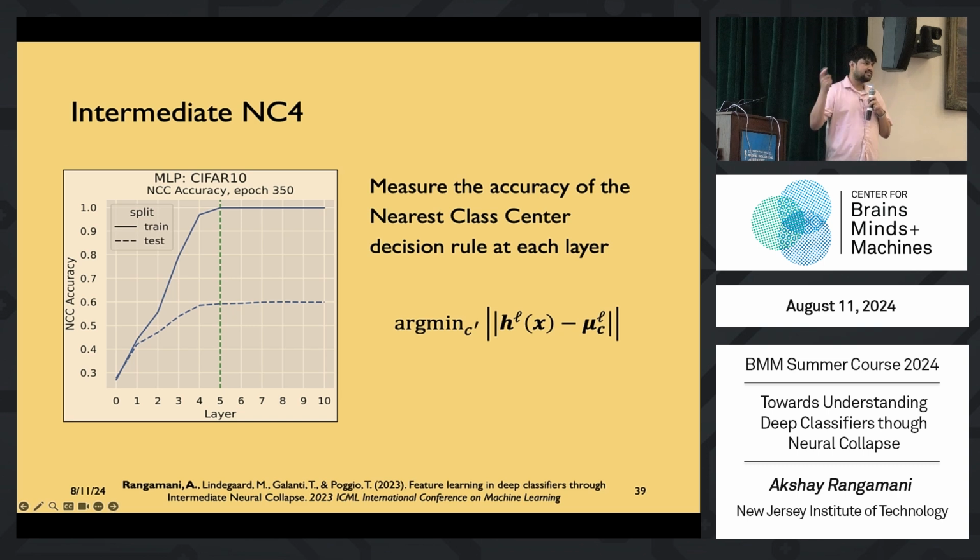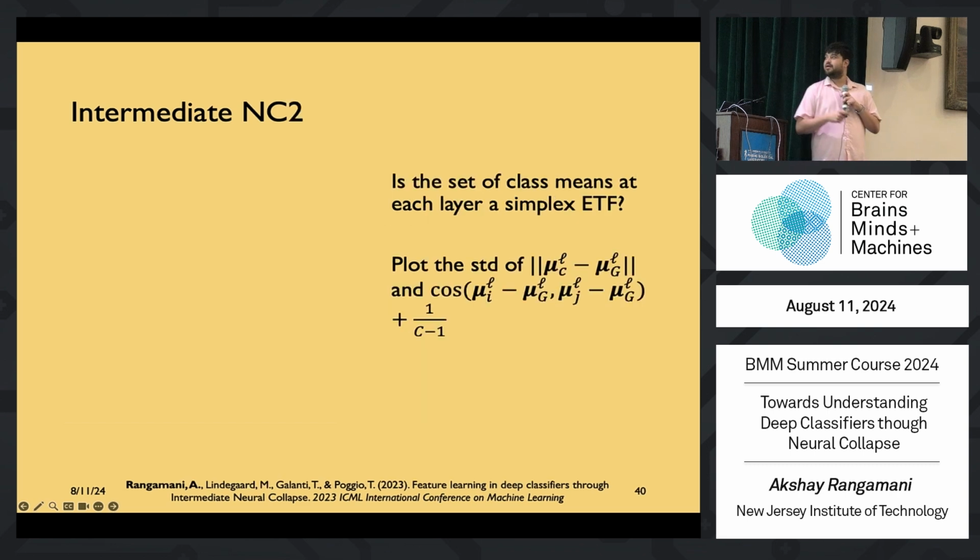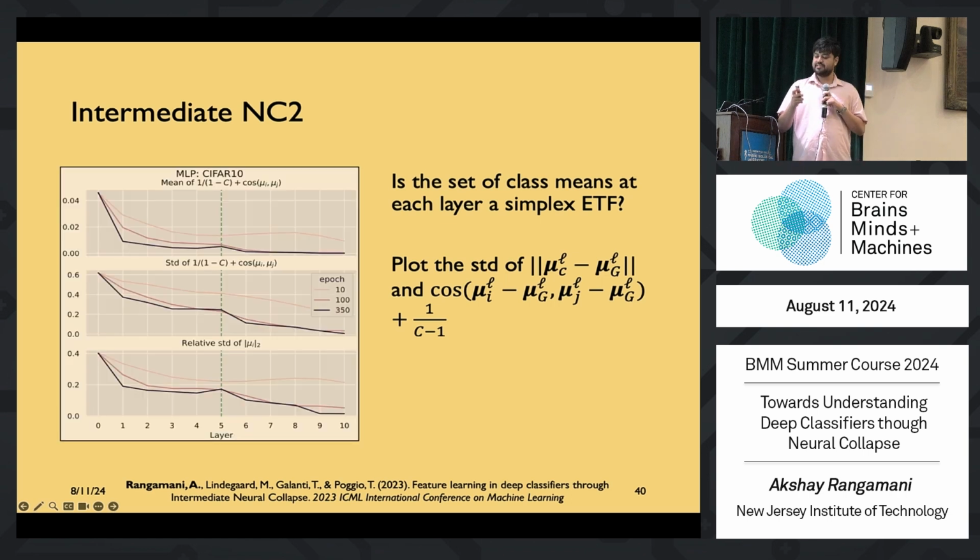So in one sense, you've already solved the classification problem somewhere in the middle of the deep network. Let's look at the class means and the angles at each layer, and beyond the layer where the within class and between class covariance switch their contributions.